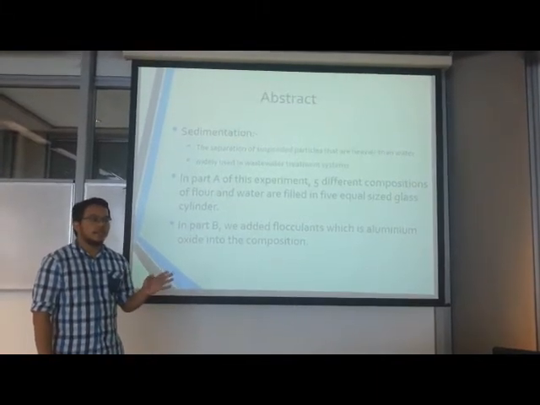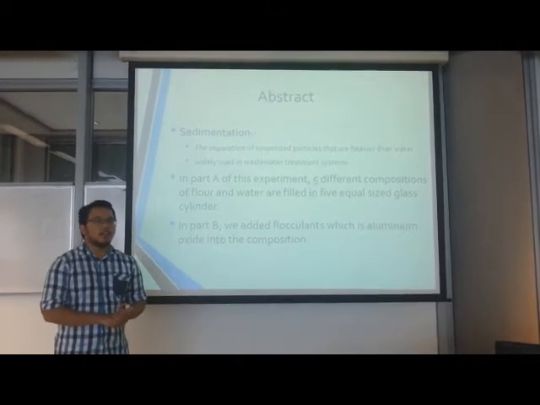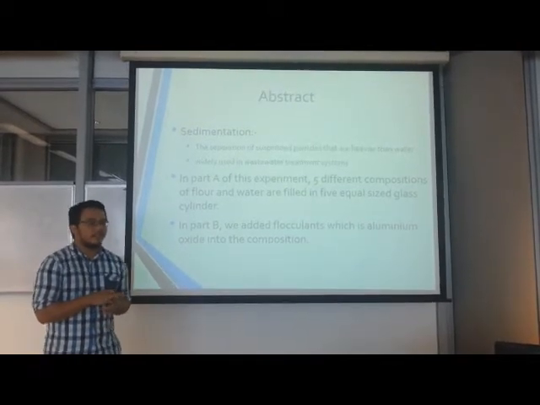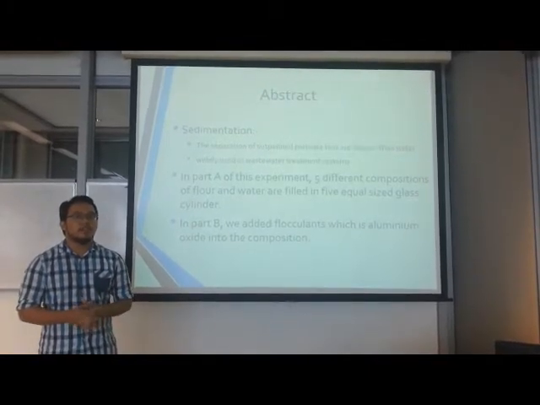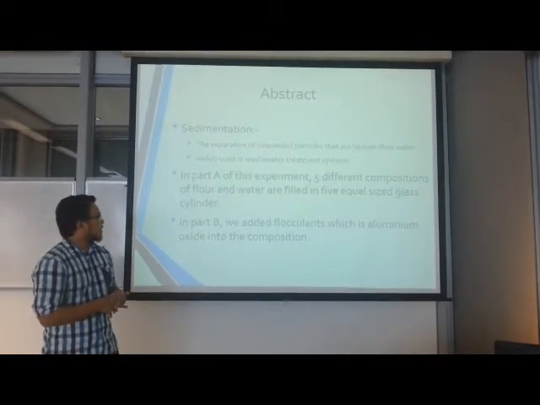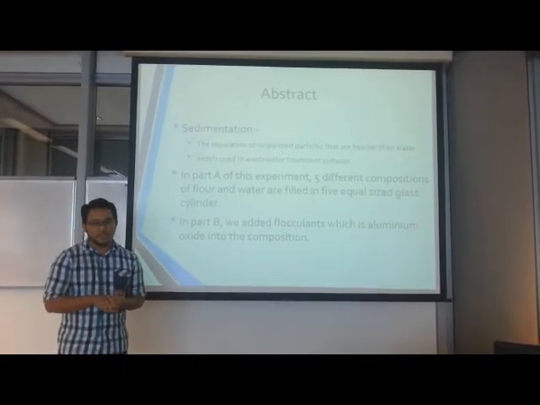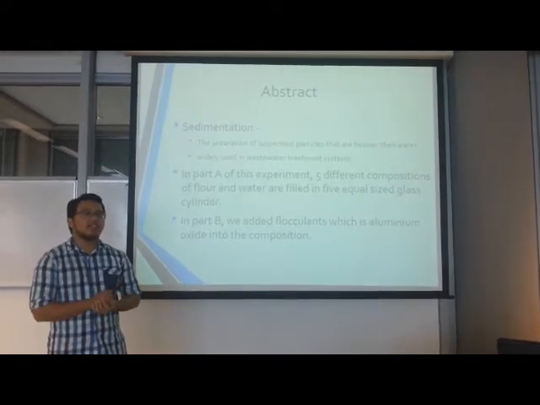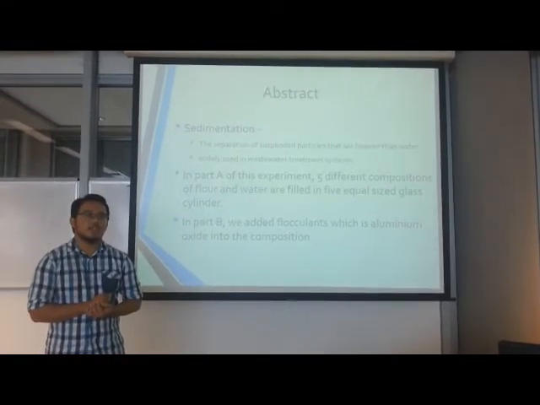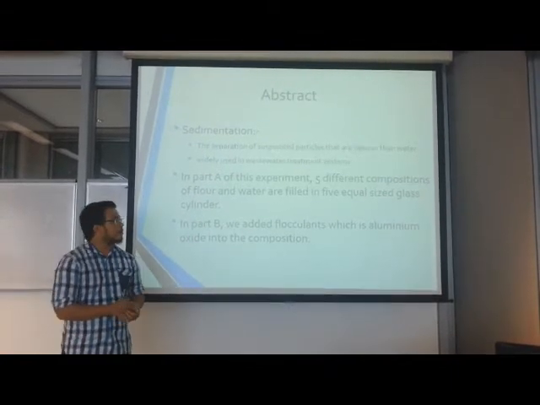In our experiment, we divided into two parts. The first one is part A, in which we put different concentrations and initial heights in 5 different glass cylinders. And what we are trying to find is the rate of settling using different initial height and concentration.